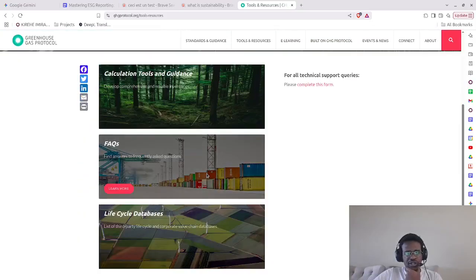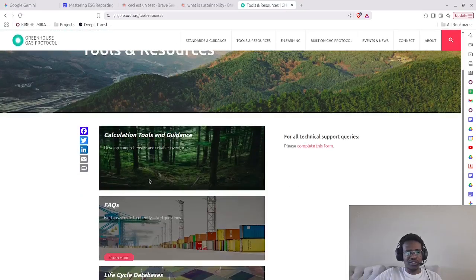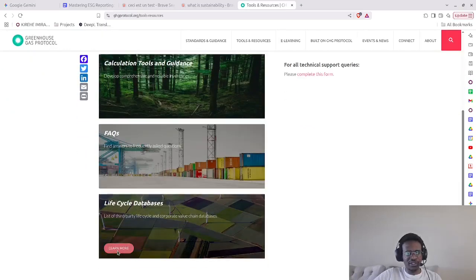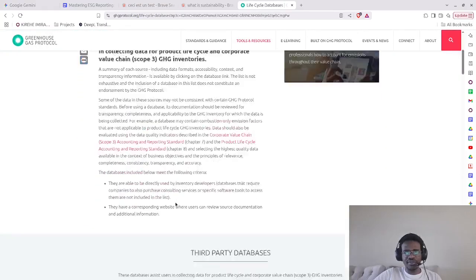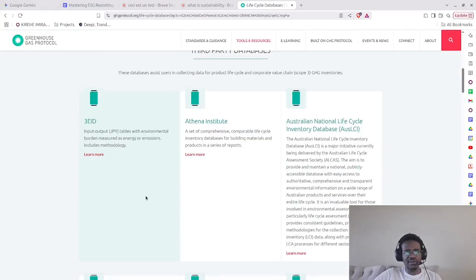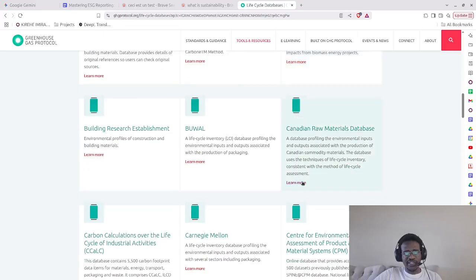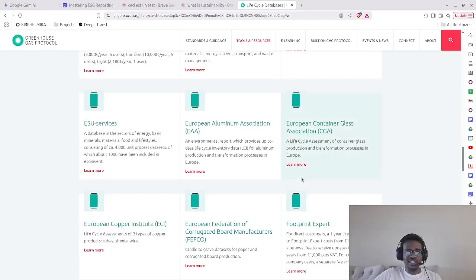If I look at lifecycle databases, for example, this is some of the things that you will need: calculation tools and guidance. Let me just go to learn more of the same. Yeah. And here you can find this database, and all that. So we are not going to look at this in this class.